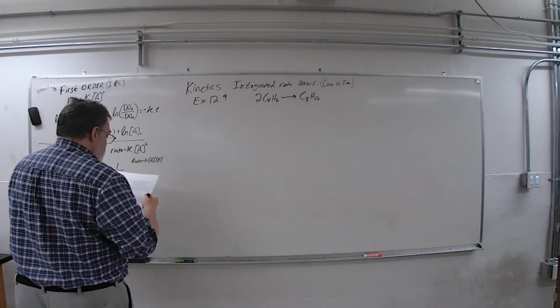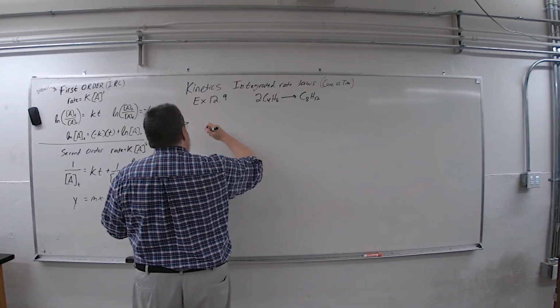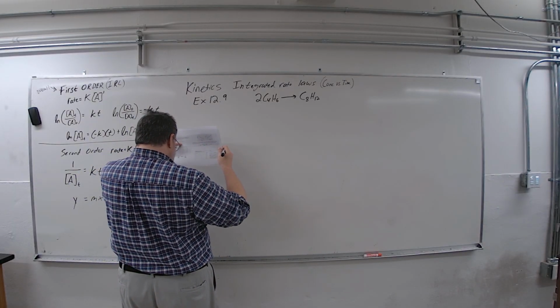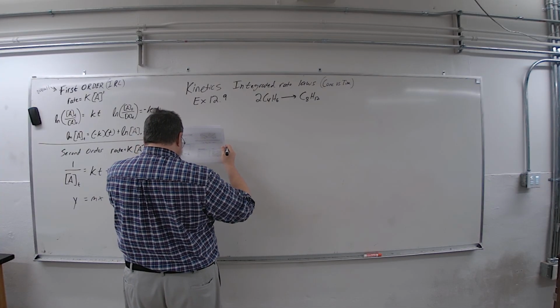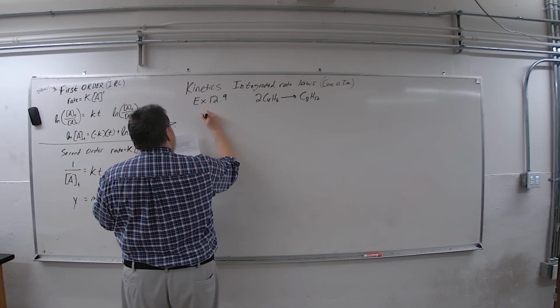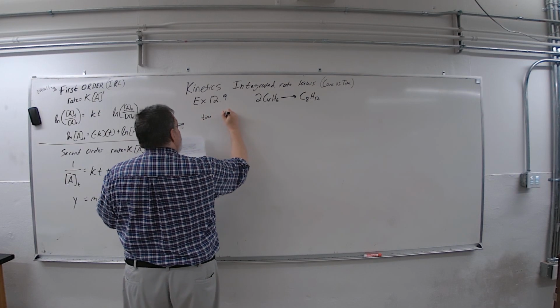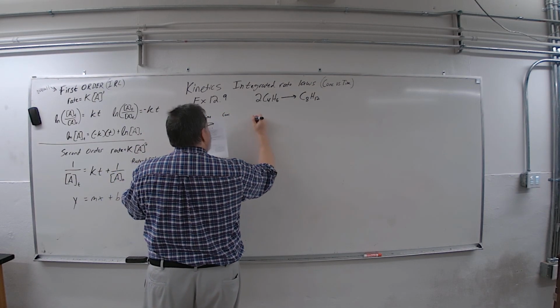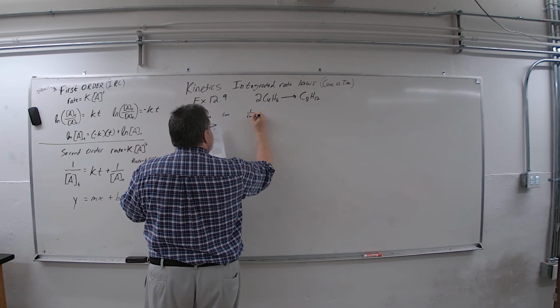But they're saying, what if you did this? What if you graphed? They give you some data. They give you time. They give you concentration. They give you 1 over the concentration.